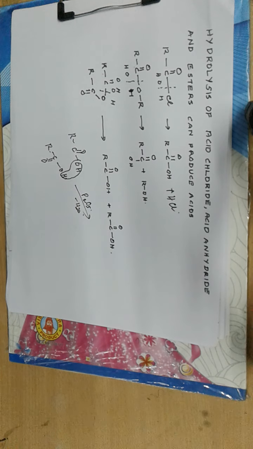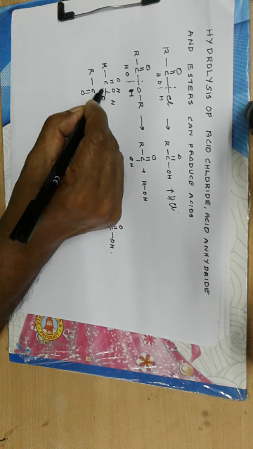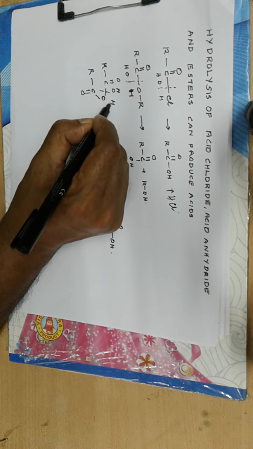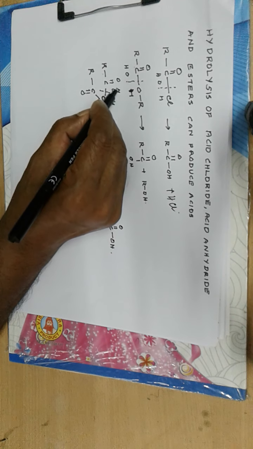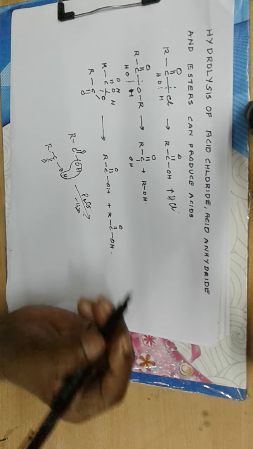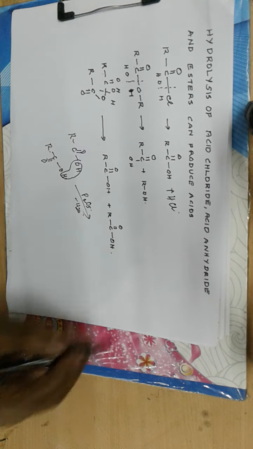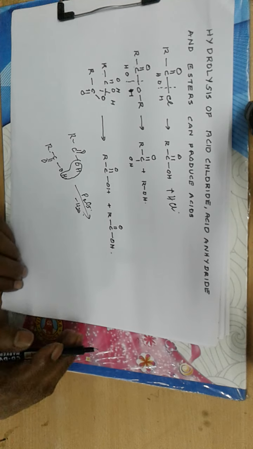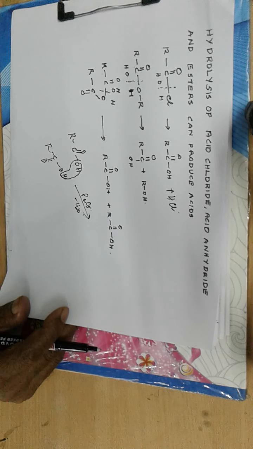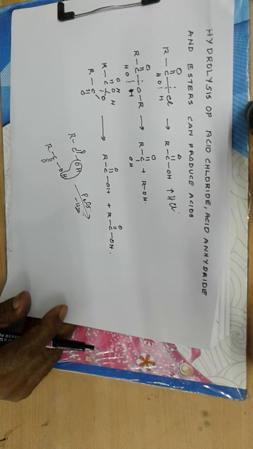Now in hydrolysis, one of the C-O bonds breaks, oxygen being electronegative combines with H positive, and carbon being electropositive combines with OH negative, RCOOH, and we get RCOOH. So two molecules of acid are formed, and that forms the preparation reactions of carboxylic acid.